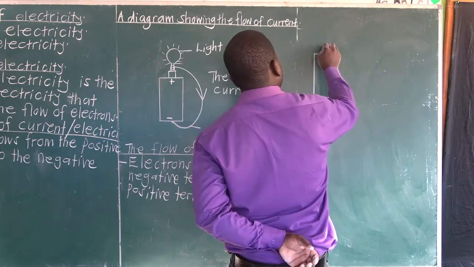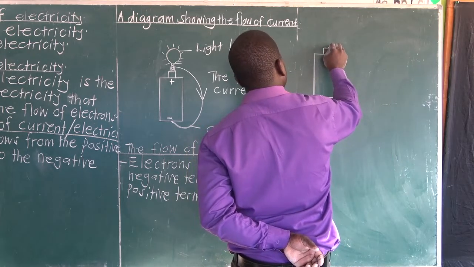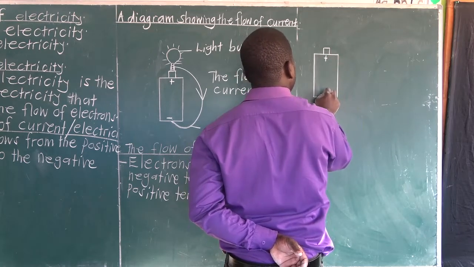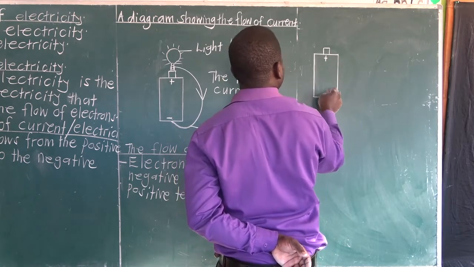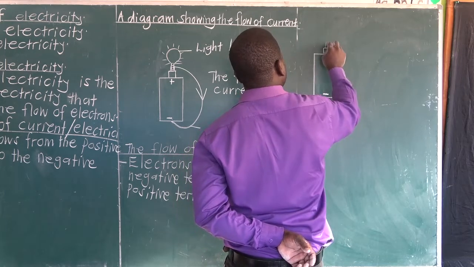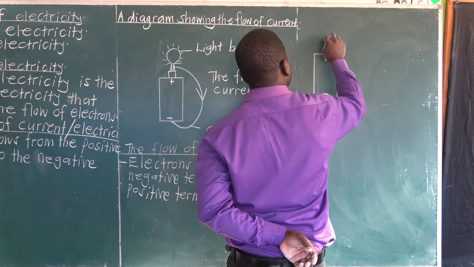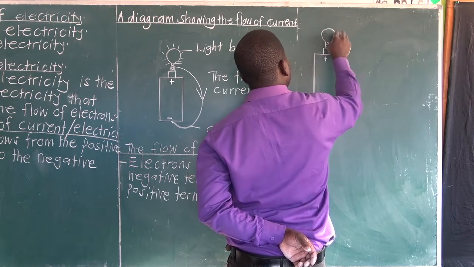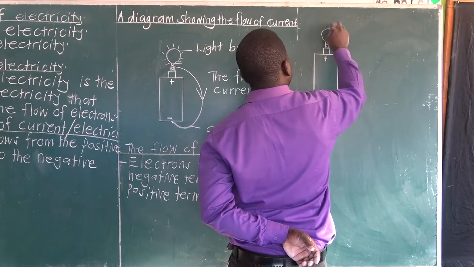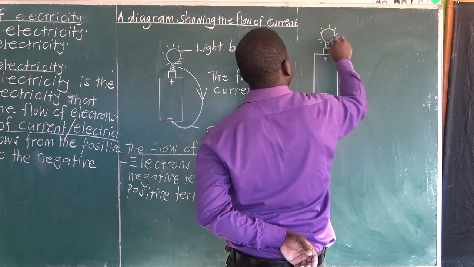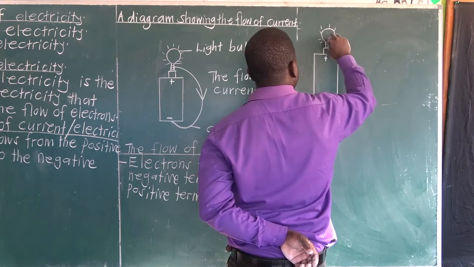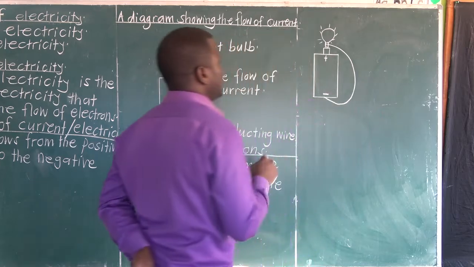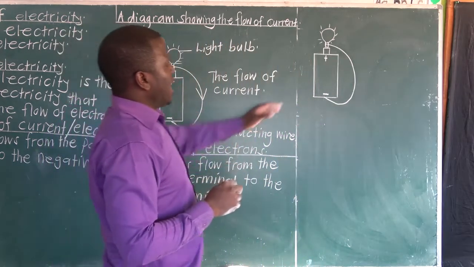On this dry cell, we connect the bulb. Put here the positive sign, negative sign. We connect a bulb. The bulb will give out light. Then we put a conducting wire. The role of a conducting wire is to carry electricity.